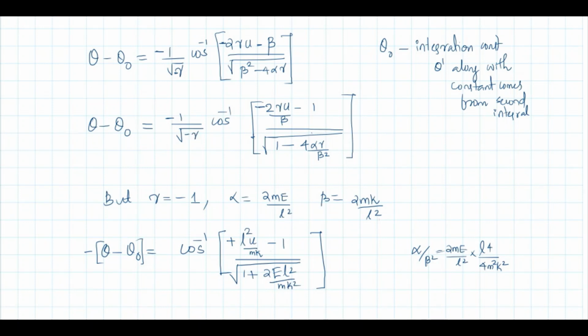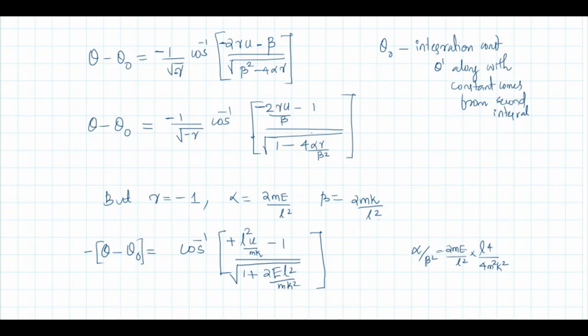Cos inverse, and since gamma is minus 1, this becomes plus, and beta is 2mk by L square. Substituting that value, you will get L square u by mk minus 1 divided by square root of 1 plus 2eL square by mk square. So substituting for alpha gamma by beta square, I will get this term.